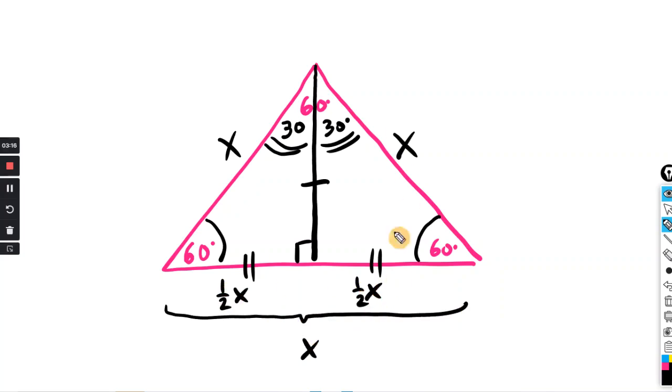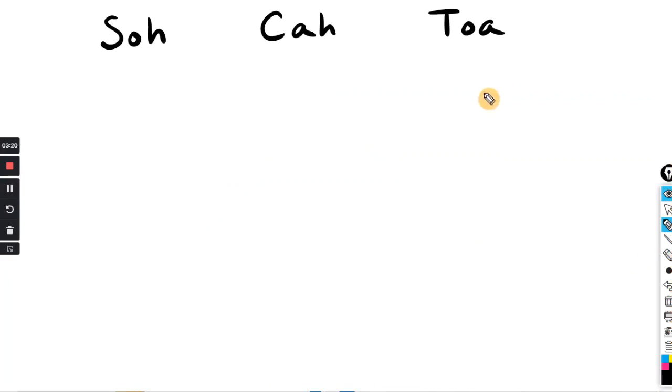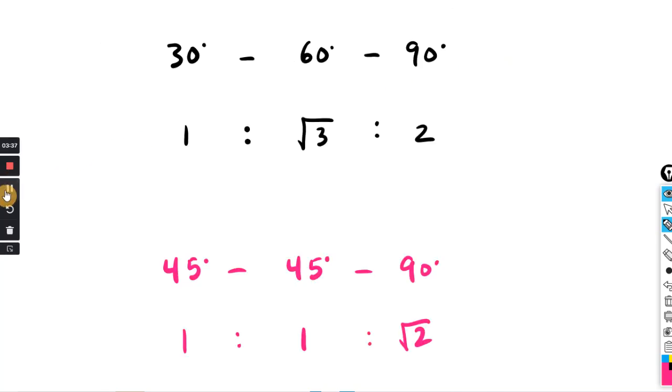This is what they want us to use for these problems. In addition to that, you want to be familiar with the basic trigonometric formulas, SOHCAHTOA: sine is opposite over hypotenuse, cosine is adjacent over hypotenuse, and tangent is opposite over adjacent. And finally, you want to be familiar with the ratios of the side lengths of special right triangles.